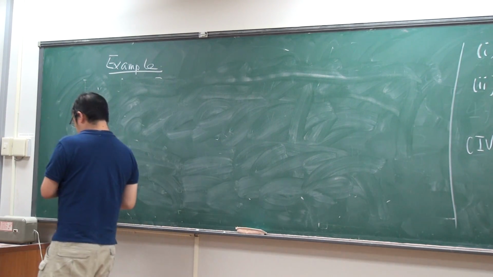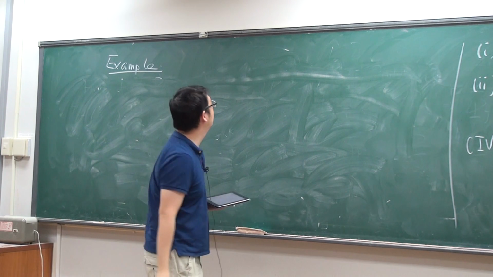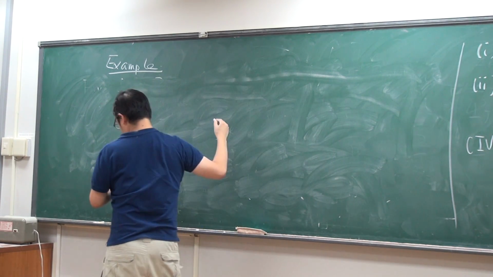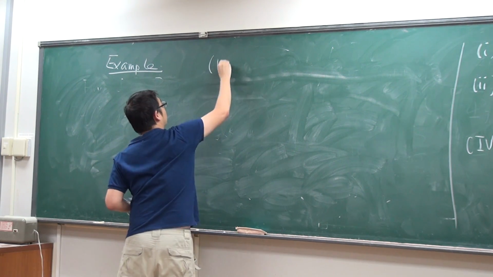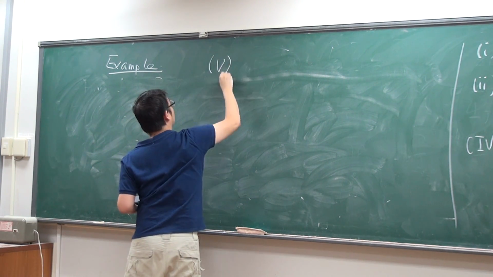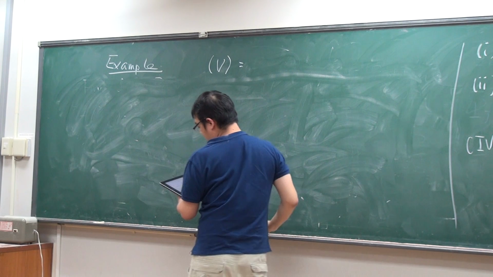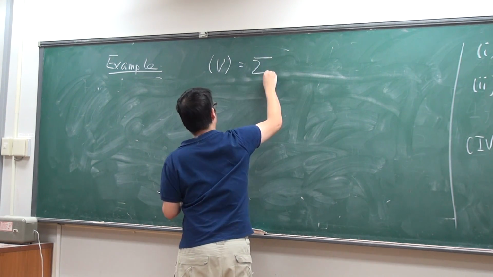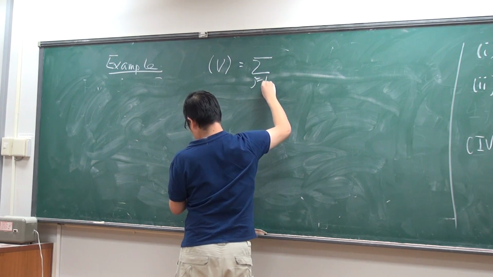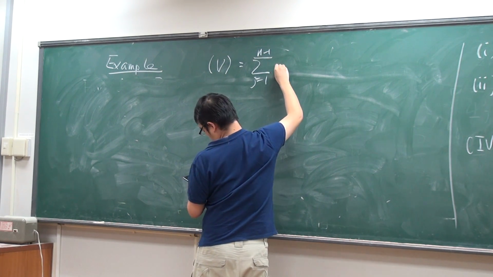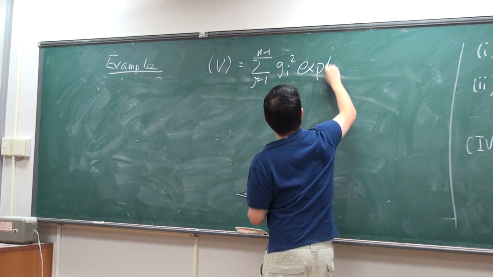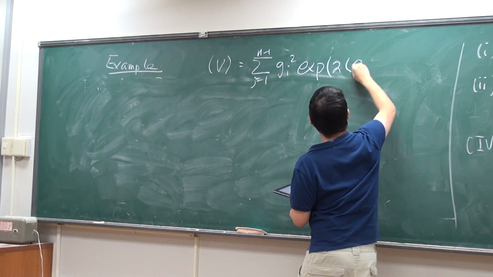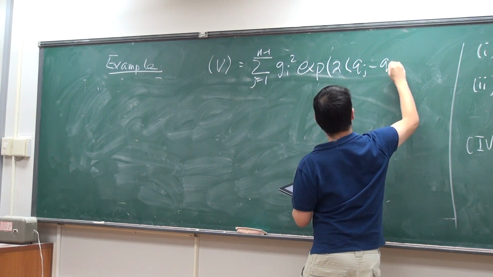So the last one, I guess I call this phi. Basically, the potential is equal to the sum of exponentials of qj minus qj plus 1.